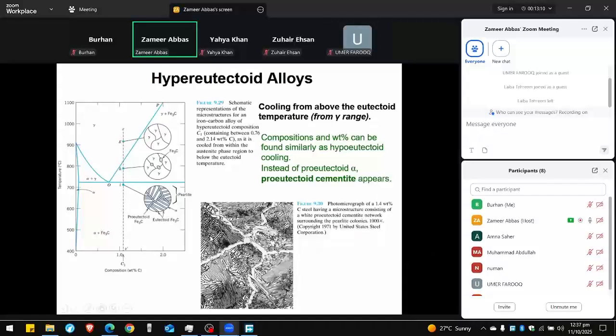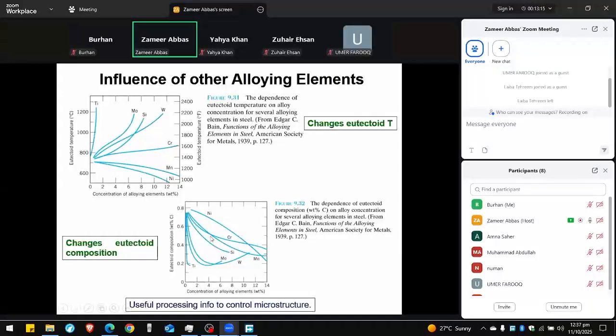Okay, so next, the effect of alloying elements in iron on the transformation temperature, especially the eutectoid temperature and the eutectoid composition. So first we look at the eutectoid temperature for carbon steels where carbon content is not less than one.